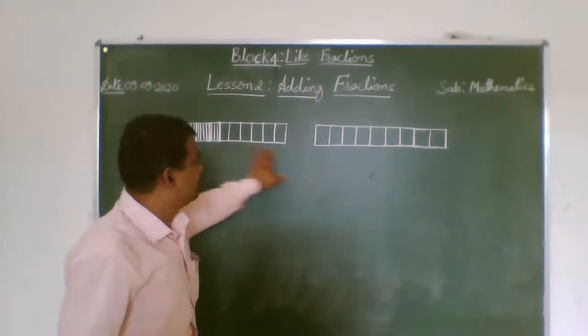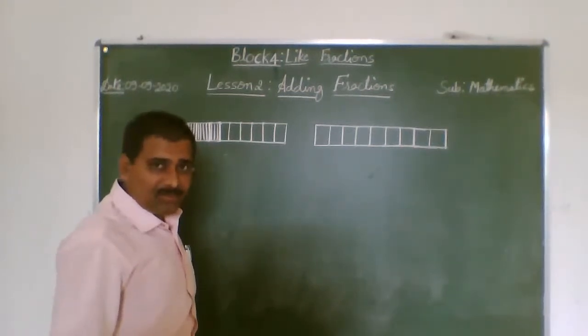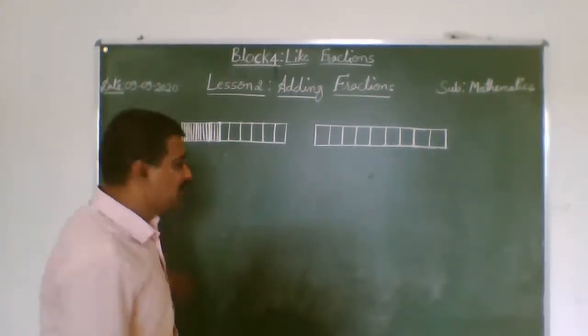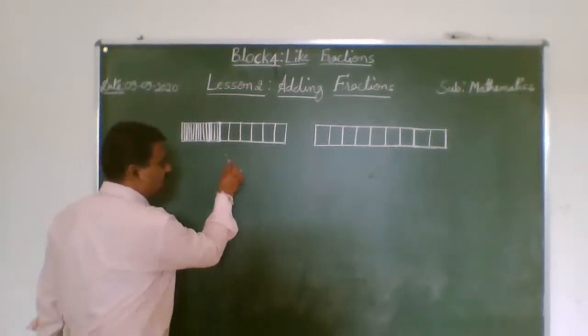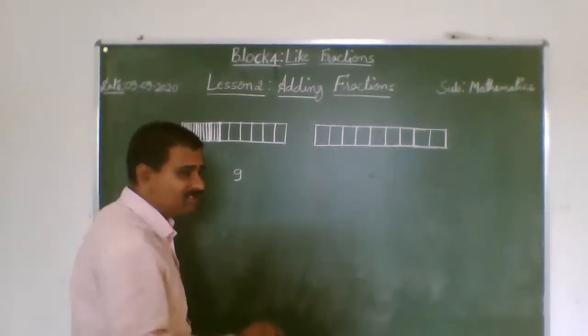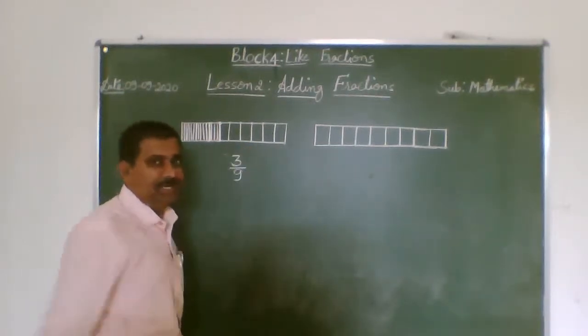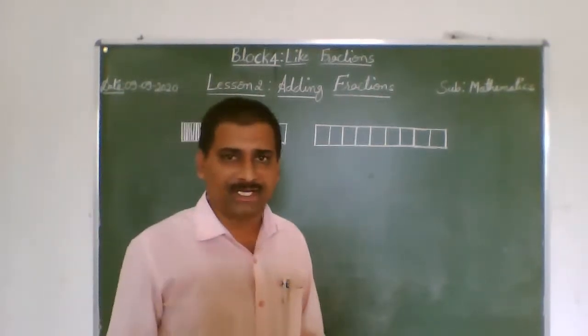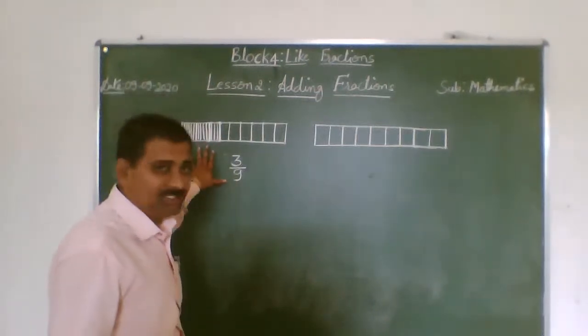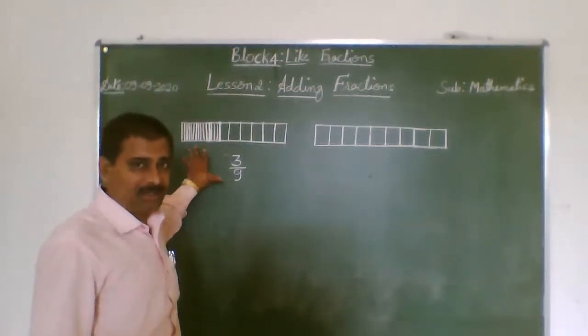What is the fraction of this rectangle? Total 9 parts. Total will always go to the denominator. Out of 9 parts, 3 parts are shaded. That is 3 by 9. The fraction of this is 3 by 9.